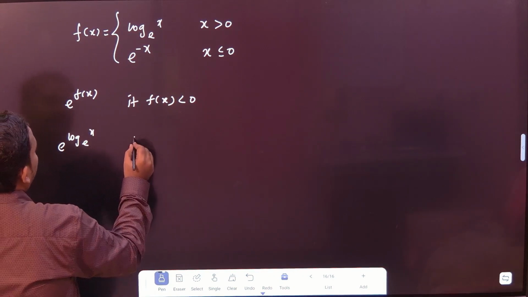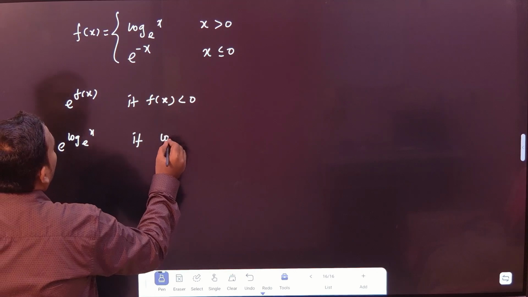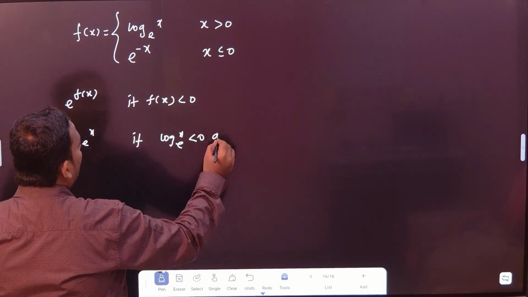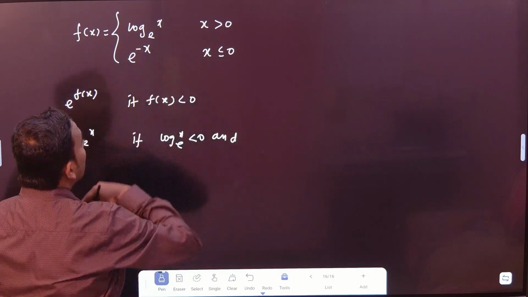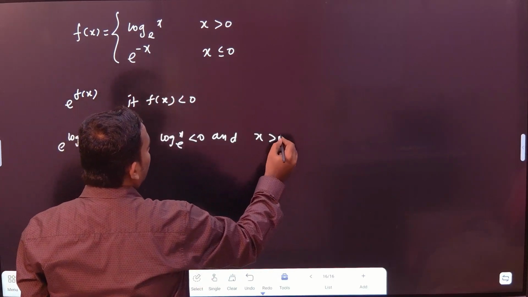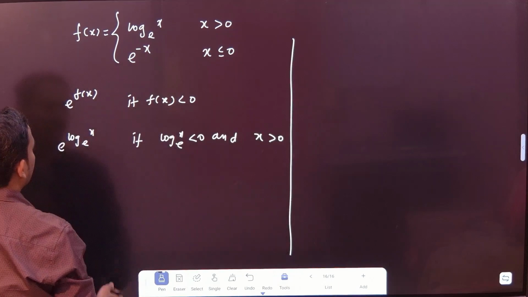If log x base e is less than 0, when is it possible? When log x base e exists, when x is greater than 0. You take that one also.